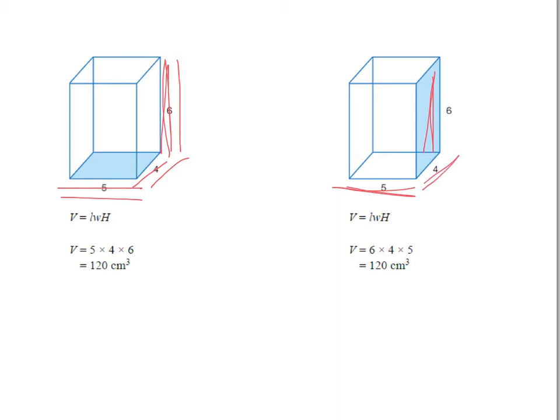So basically, you've got to multiply all the numbers together. You go 5 times 4 times 6, and that's easy to remember because you've got 3 numbers and you put centimeters cubed.